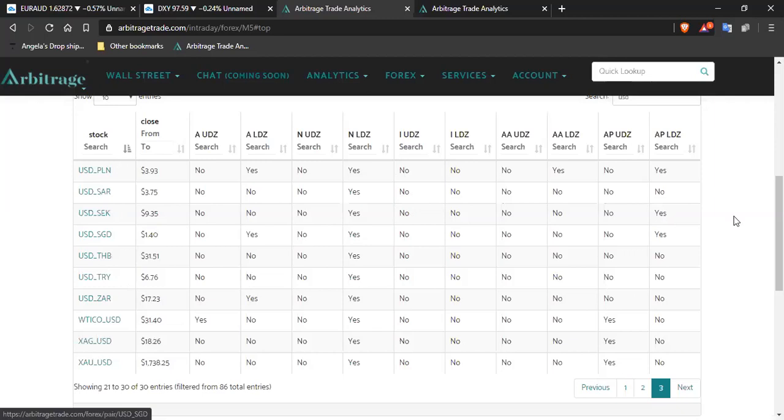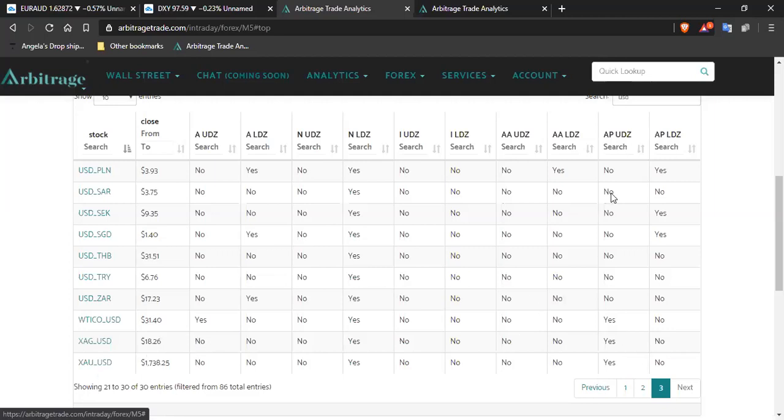A lot of these pairs that are exotics for the USD, you could take a look at those, but I'm not personally, because I don't trade them normally, nor do I have them in my broker. But I do have oil, which is WTI Crude USD, and silver and gold.